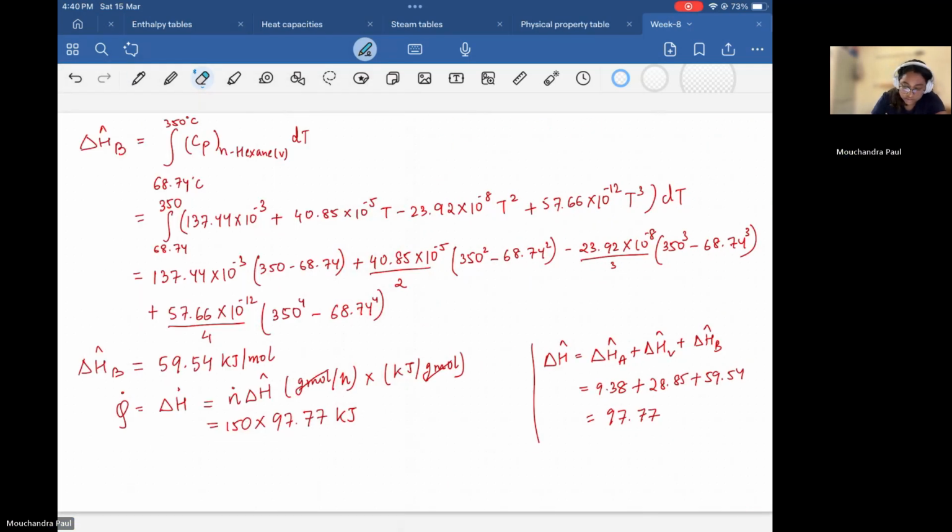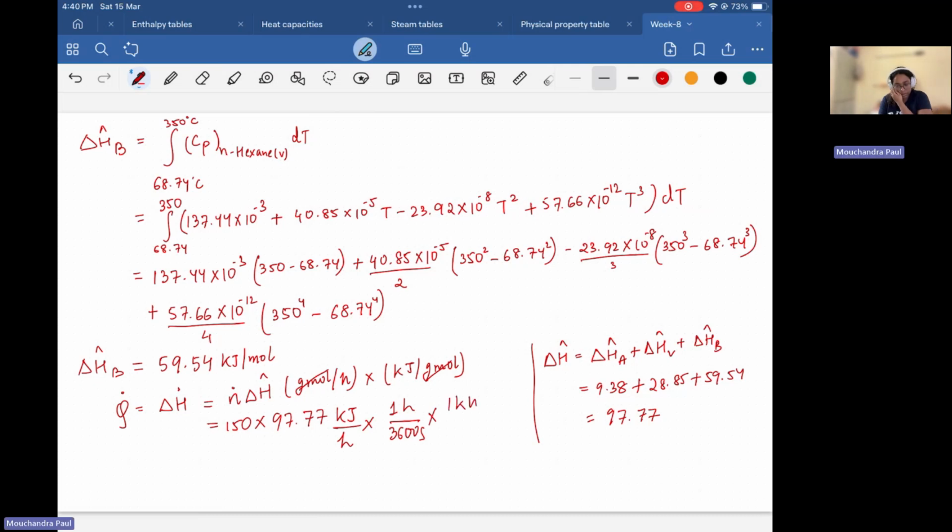Considering the fact that 1 hour has 3600 seconds, and 1 kilowatt is 1 kilojoule per second. The final answer should be close to 4.07 kilowatt.